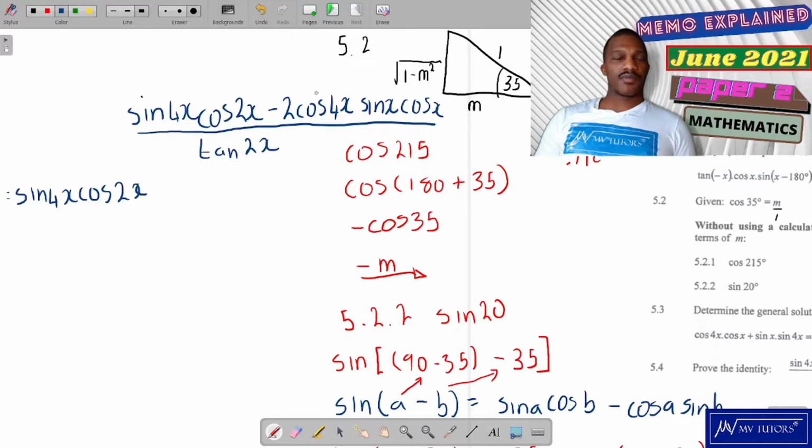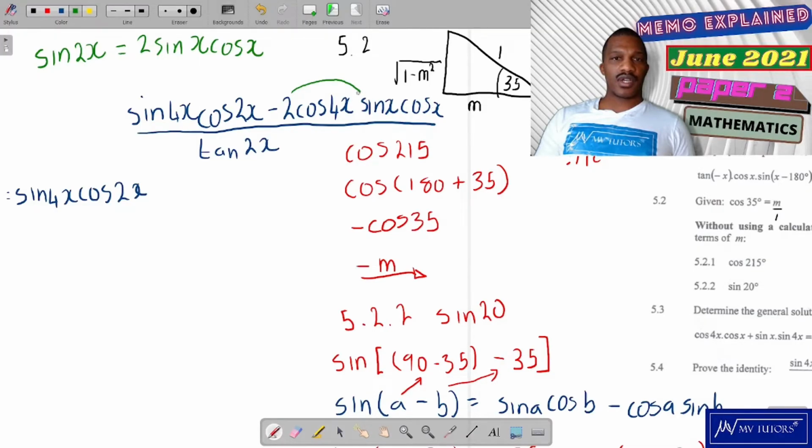Now here, if you look at your formula sheet, you will see that sine 2x is equal to 2 sine x cos x. All right, and there we have it here. That's the 2, and that's the sine x cos x.